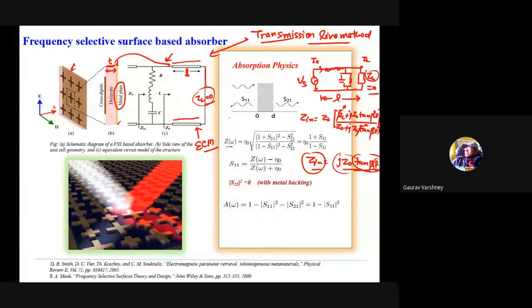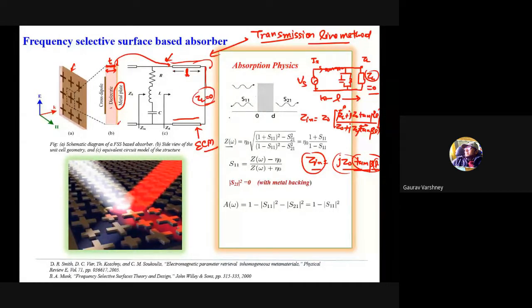Fine. If there is a thickness T, and we are utilizing this dielectric spacer, what will happen? This dielectric spacer will be acting as a transmission line, and if a metallic plane is placed at the other side of this dielectric spacer, this transmission line will be acting as a short circuited transmission line.